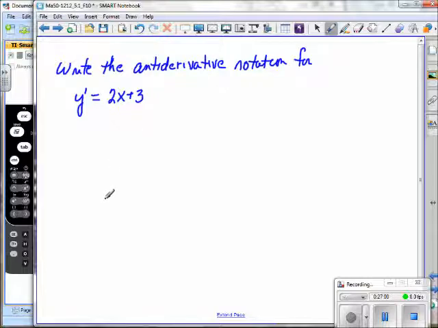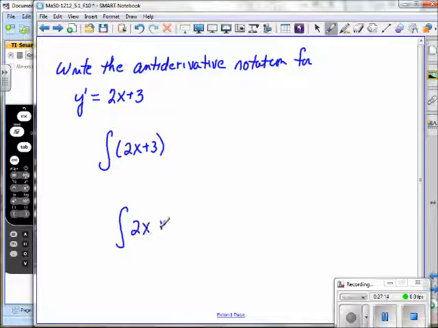What's the antiderivative notation? Well, it would be the indefinite integral of. Now, why would it be important to put parentheses there? What if I just wrote this? Instead of the whole quantity, yeah.